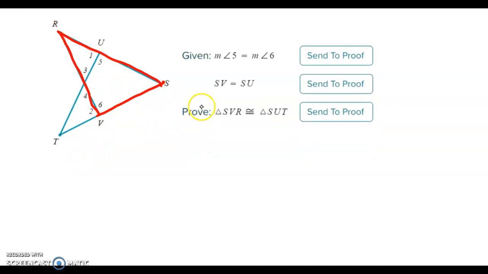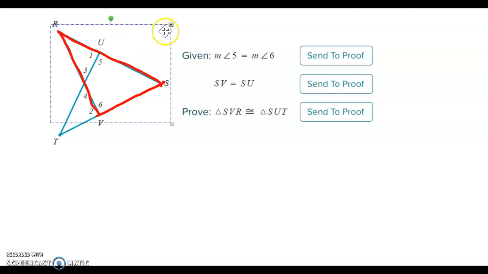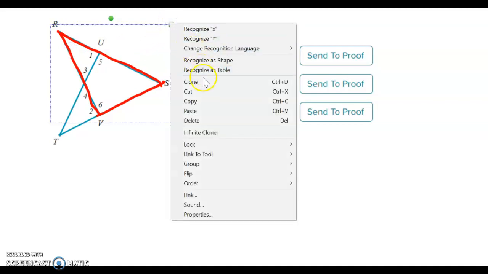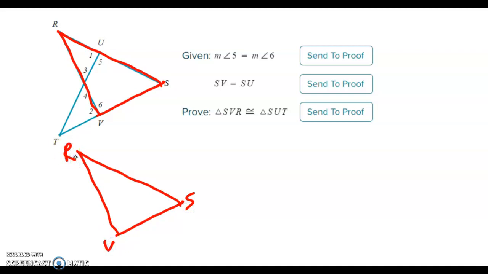Okay, so there's SVR, and what I'm actually going to do here is just clone that and move it down so we can easily see what we're talking about. So we've got S, V, and R. I strongly suggest that during your homework here, you're using some scratch paper to split these things up.